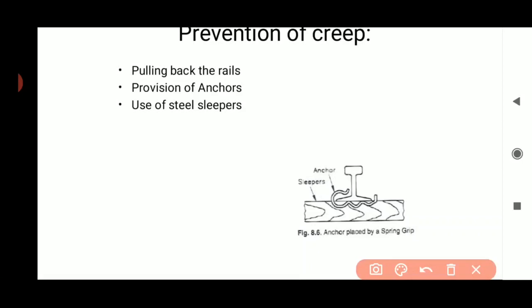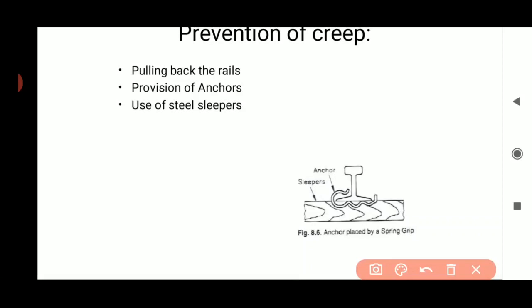Secondly, the sleeper must have a good grip with the ballast to resist the movement of the sleepers in the ballast also. So steel sleepers are the best for this purpose, and we can use steel sleepers to prevent the creep.